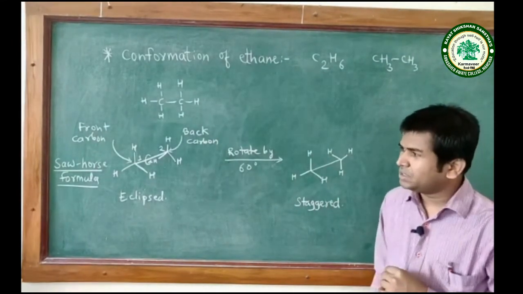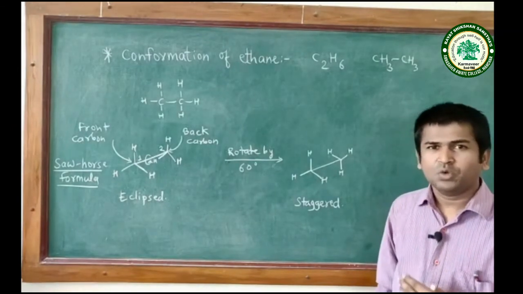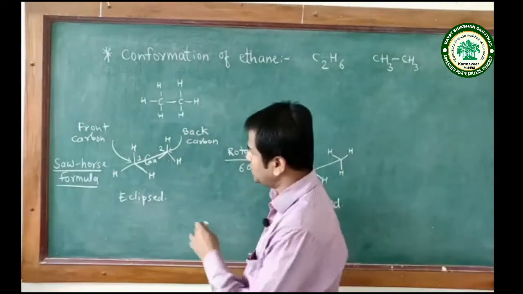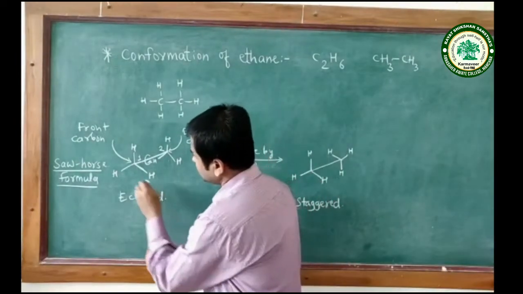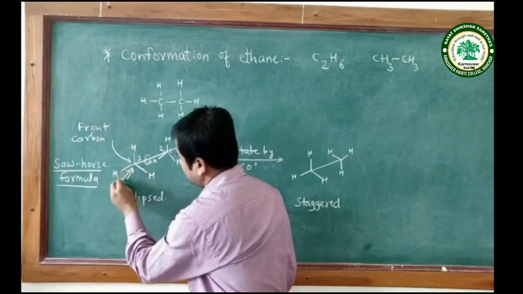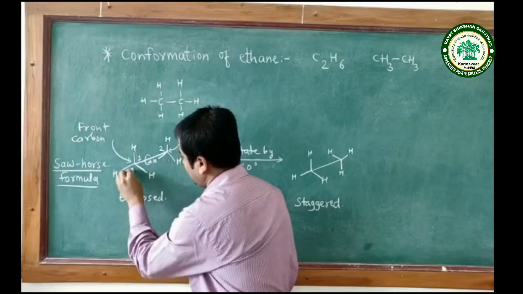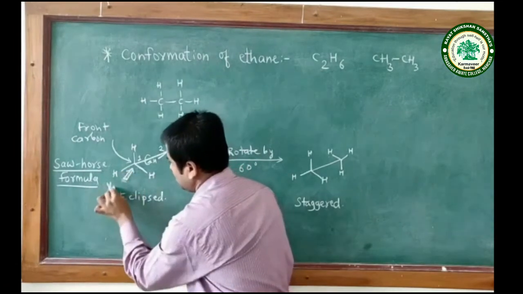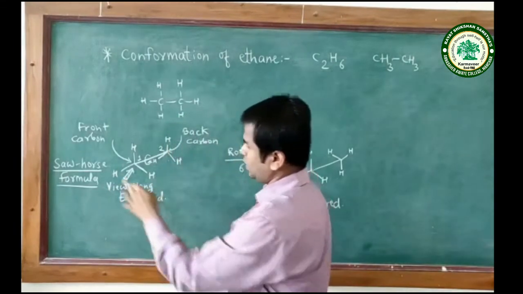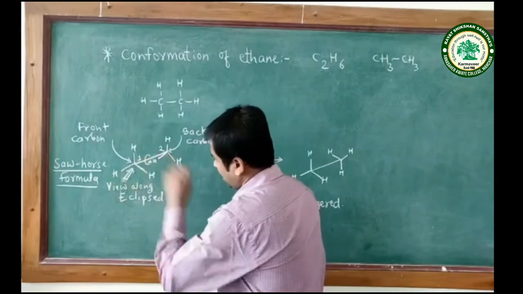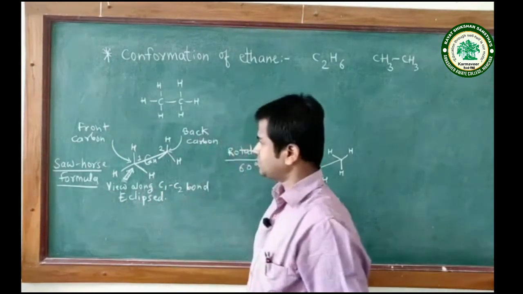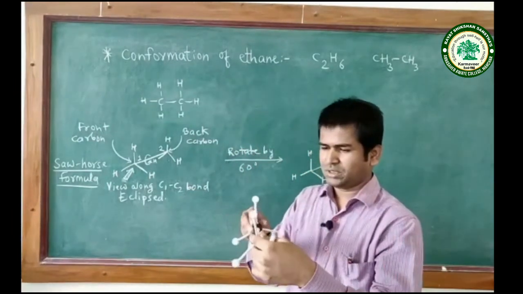Now we can convert the Sawhorse formula into the Newman projection formula. For that, we have to observe this molecule along the C1, C2 bond. So when we view the Sawhorse formula of the ethane molecule along the C1, C2 bond, getting this?